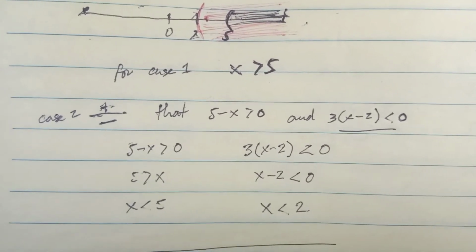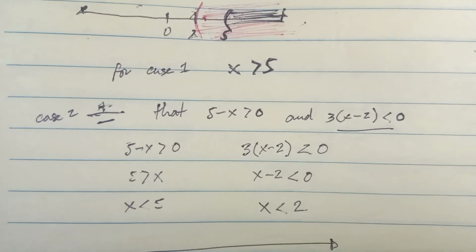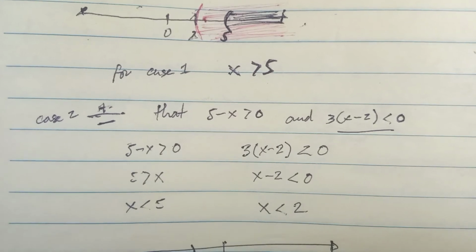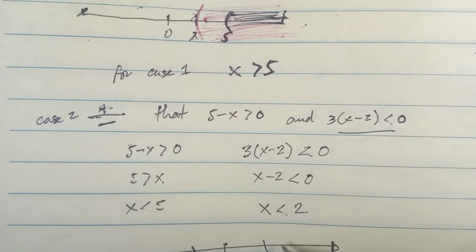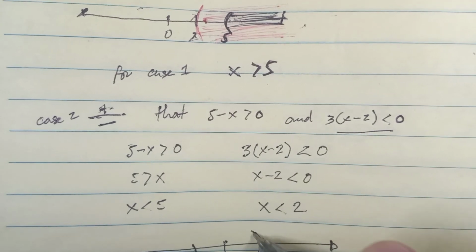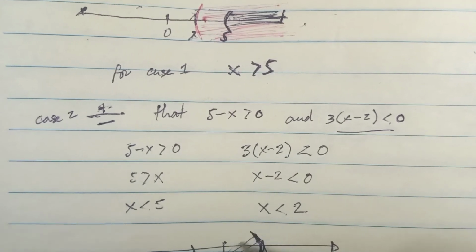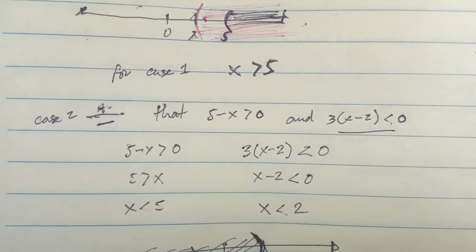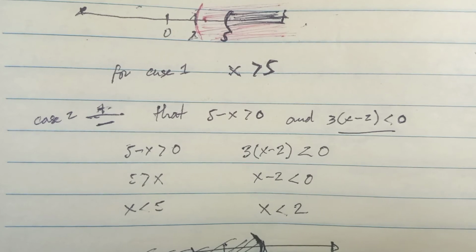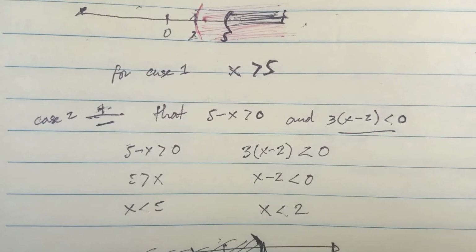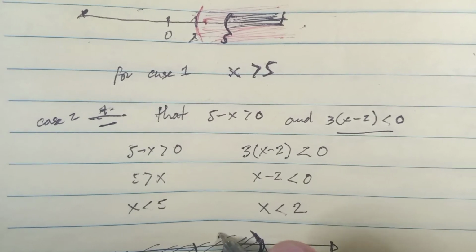So the first one, on the number line with 0, 2, 5, is lesser than 5. We just use parentheses because it's not included, no? If it's included, we will use a bracket. Then x is lesser than 2, so it is in this part.